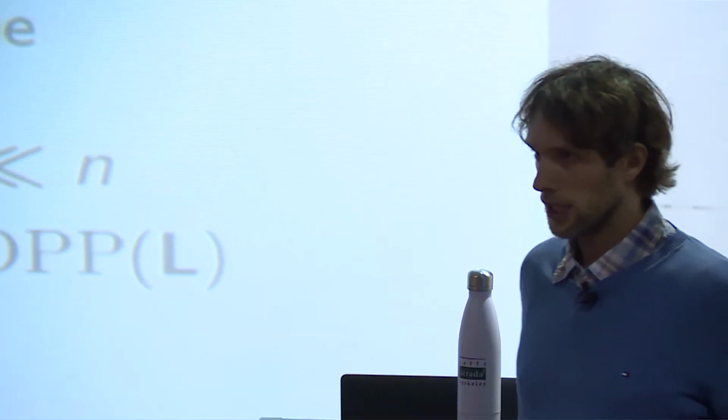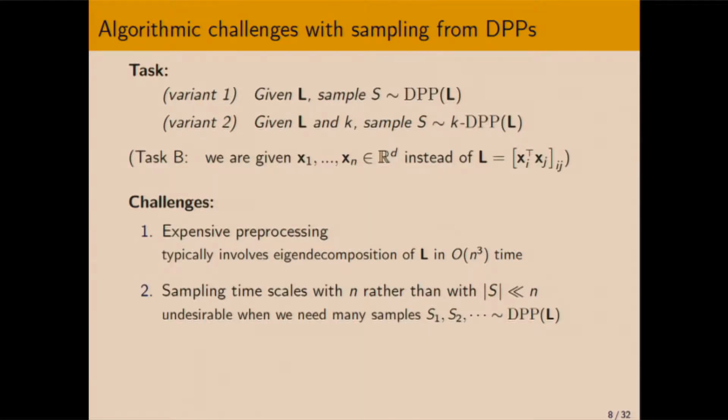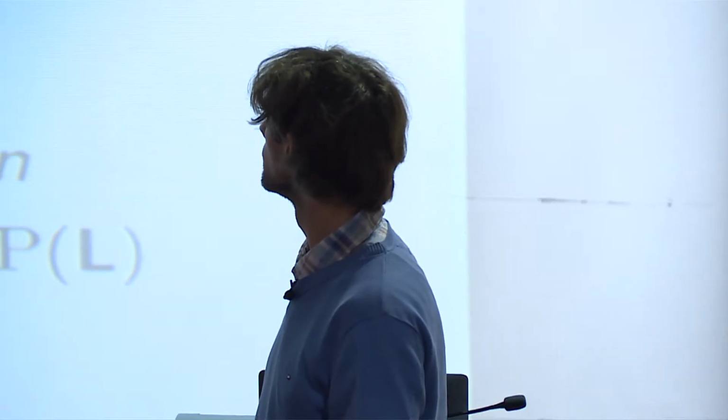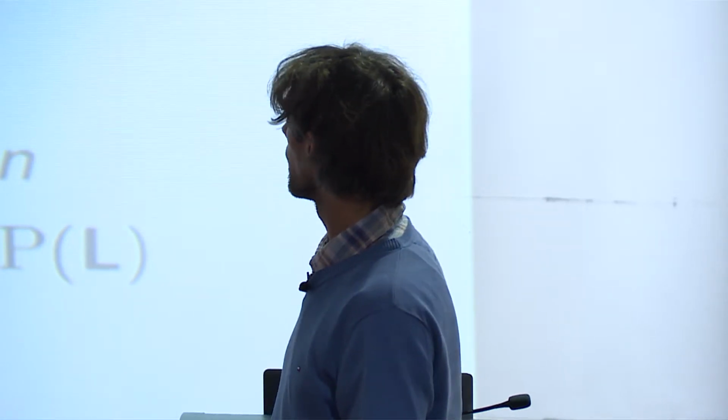And so once we are over this step, then things get somewhat better, and then there's a sampling procedure typically, but that still is often somewhat expensive. For example, it often requires a pass over all of the data, so it scales linearly with n usually, which is already often too expensive if we want to sample repeatedly, which is often the case. Sorry, so for any k, you are saying the mixing time for one sample is linear in n?